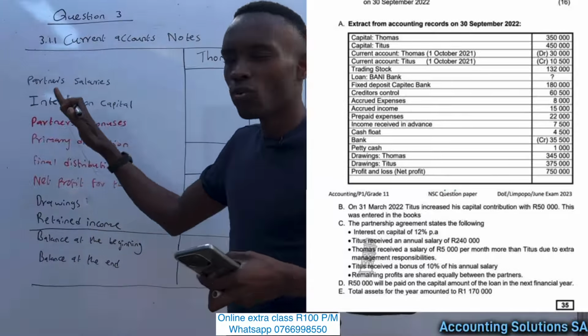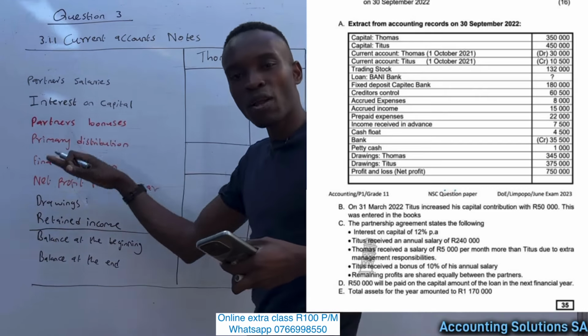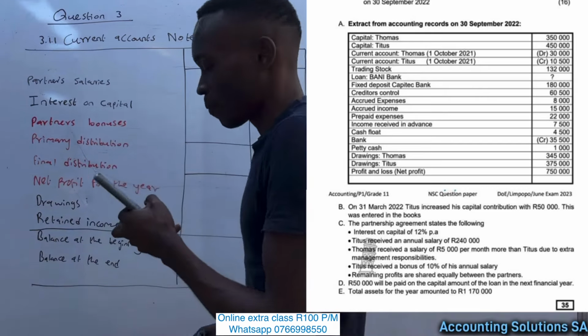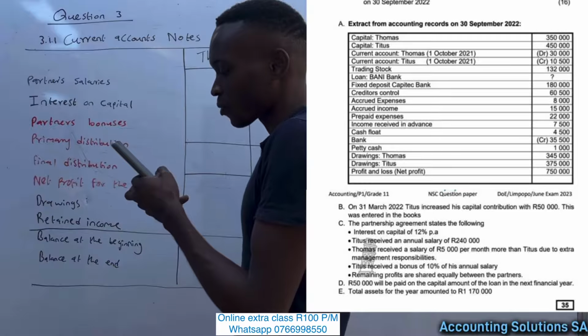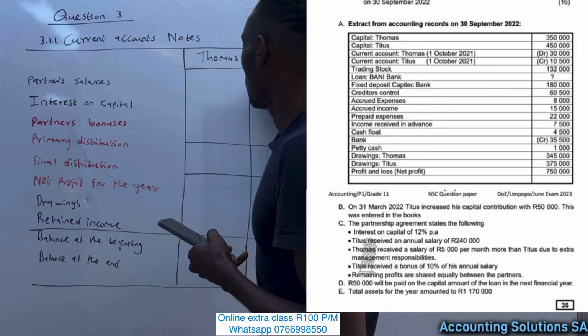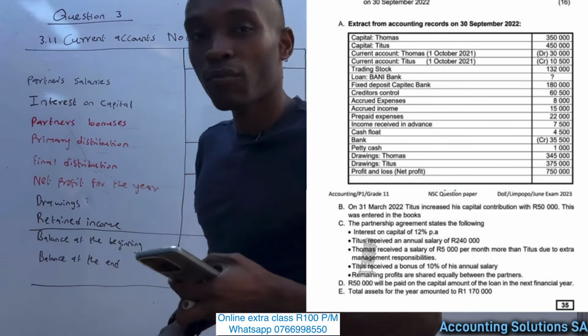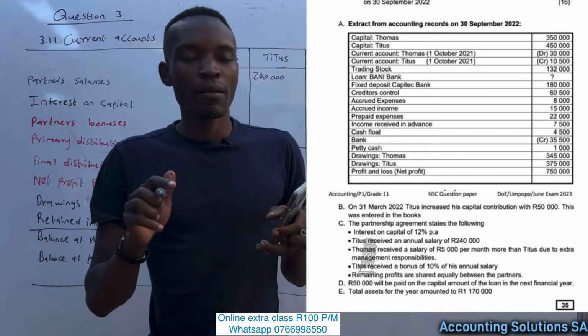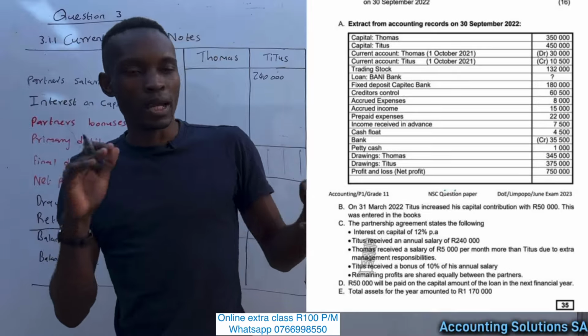Remember, we record the transaction for 12 months, the whole year. For Titus it was not a problem because they gave us the annual amount of 240,000. But if they give you monthly, multiply by 12 so that you can get annual.